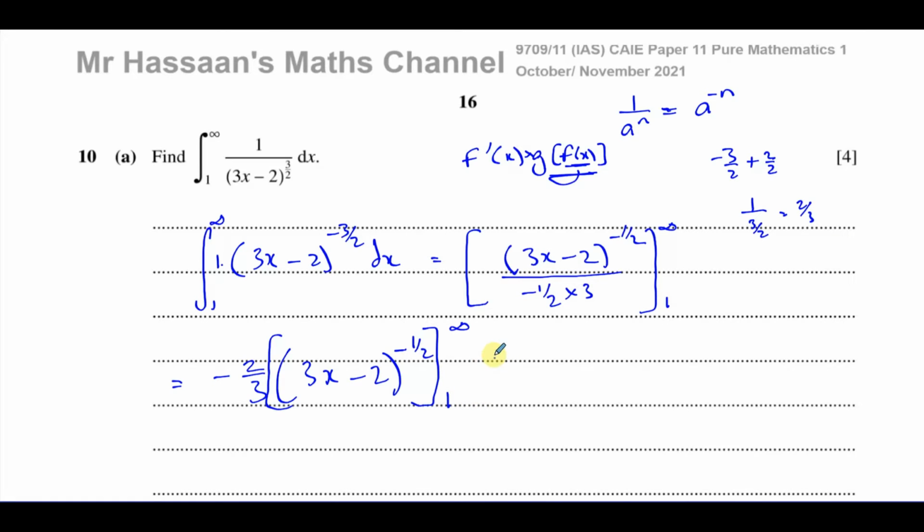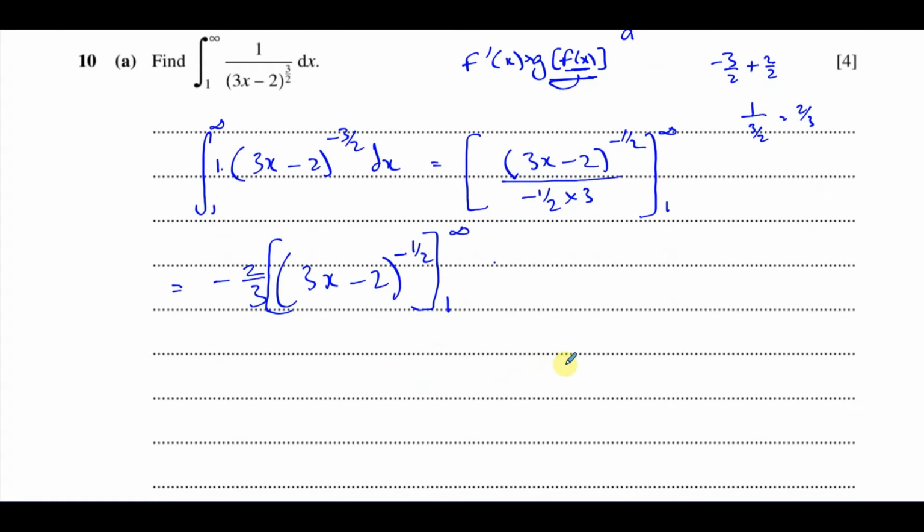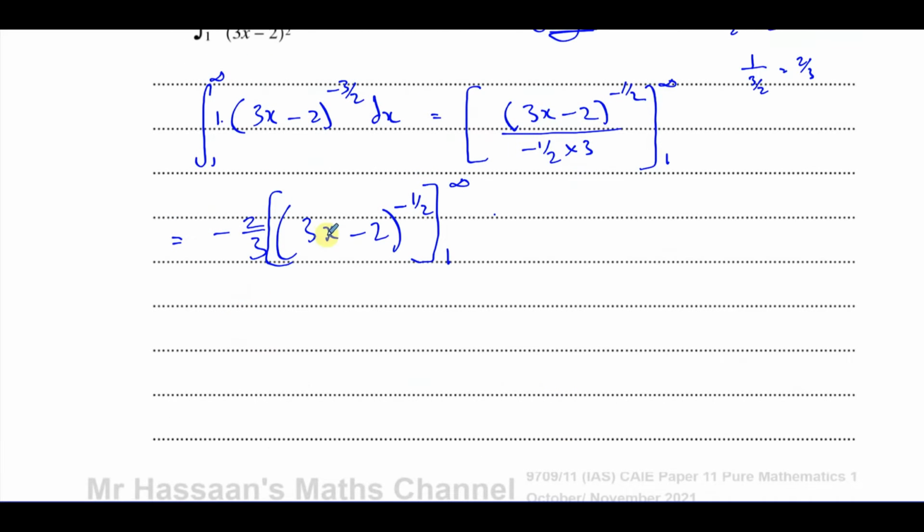What I can do to make life a bit simpler for myself here is take this as minus 2/3, and here I can write this as 1 over the square root of 3x minus 2, because we know that x to the power of minus a half is the same as 1 over x to the power of a half, which is 1 over the square root of x, just to get ready for putting in the values.